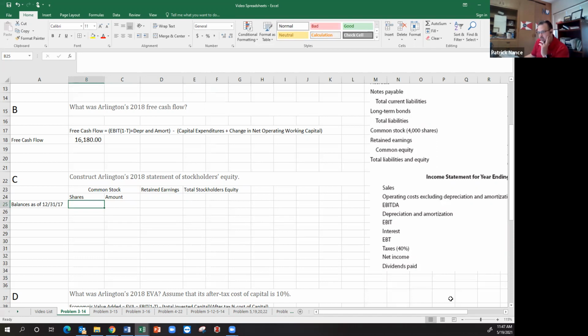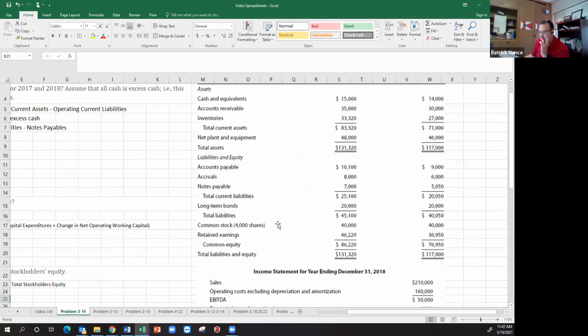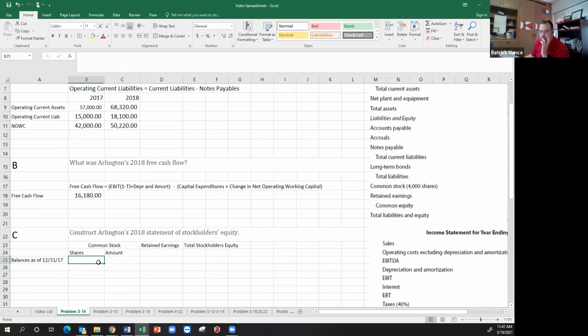So the balance on 12/31 for this company for the shares was 4,000 shares, and they must have been $10 a share because the balance is 40,000. So 4,000 shares.